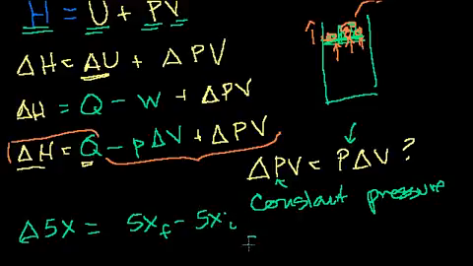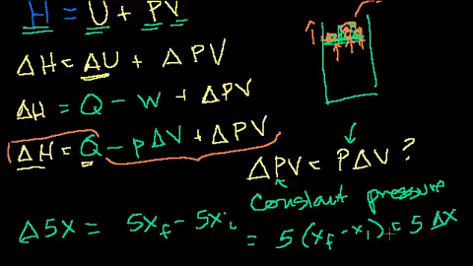And that's just equal to 5 times x final minus x initial. Well, that's just equal to 5 times the change in x. It's almost too obvious for me to explain. Sometimes when you over-explain things, it might become more confusing. The 5 is just an analogy for a constant. So if pressure is constant, then this equation is true.